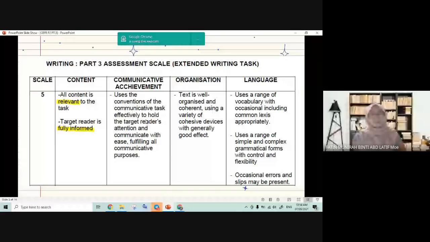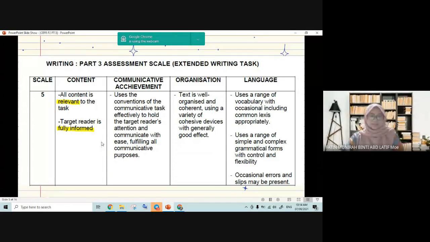Maksudnya, bila kami baca awak punya essay, we are not distracted. Kami tak akan tiba-tiba berhenti malas nak baca. Okay, means must be very interesting, kena menarik. So you can get 5 marks for communicative achievement.